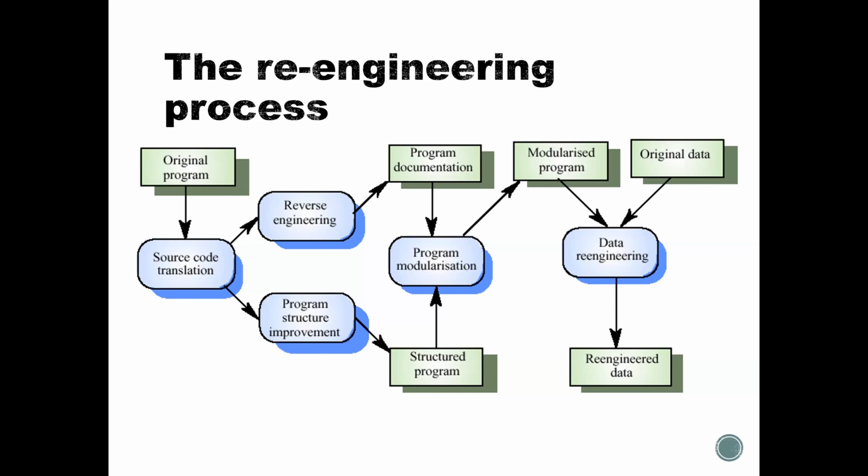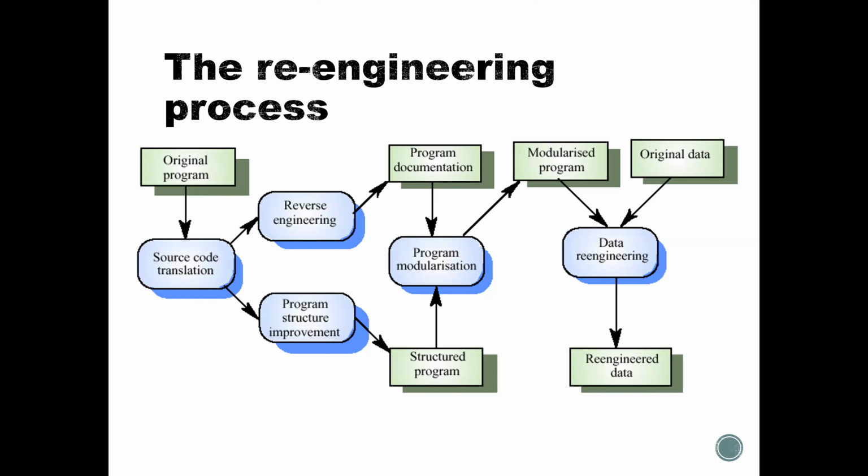If you go to the third step, which is program structure improvement, in this phase the control structure of the program is analyzed, and of course it is modified to make it easier in terms of readability and understandability. This step is partially automated. However, this reverse engineering process is completely automated, the first one which we have discussed.